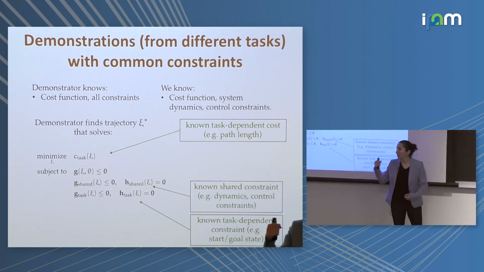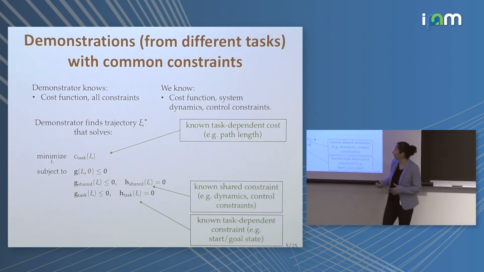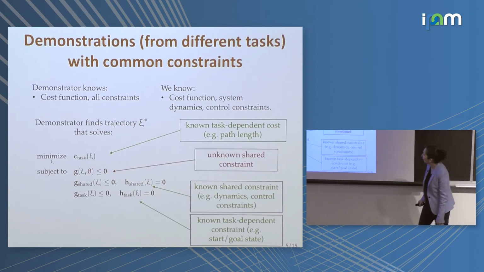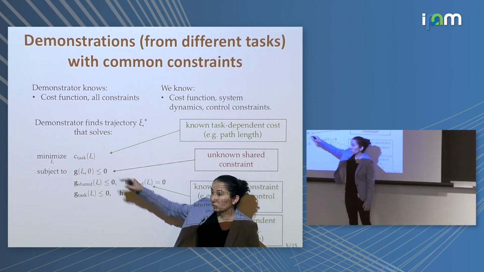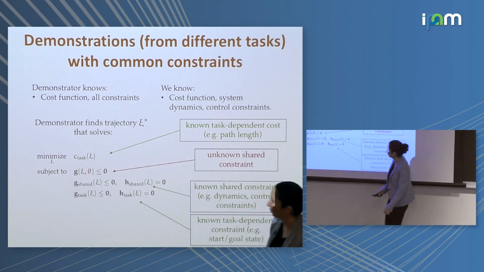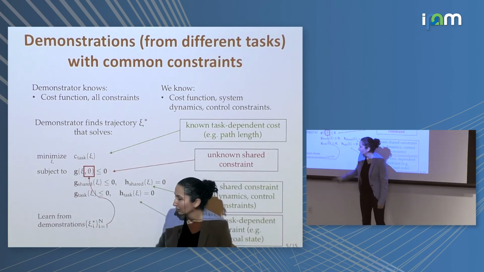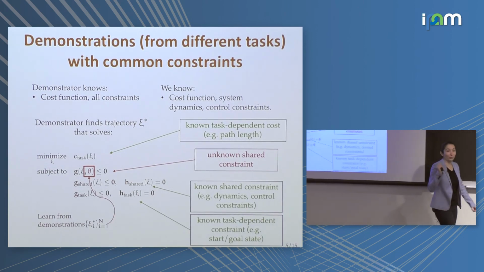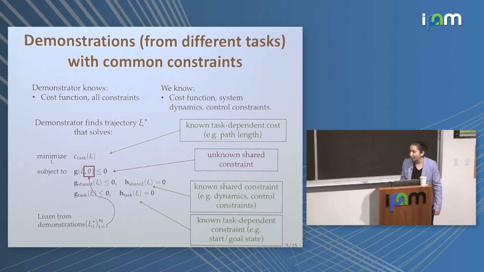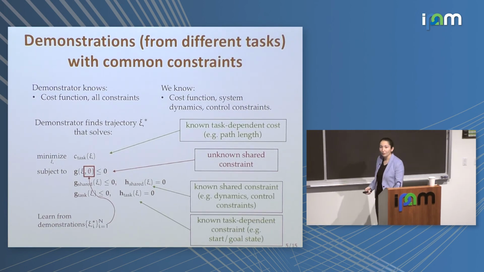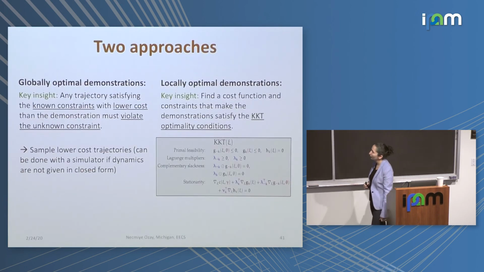So if you have torque limits that you know, they are shared through all tasks, and you know that. And these are the unknown constraints shared across demonstrations. Our goal is to try to learn this from optimal demonstrations. We assume someone solves this problem for possibly different goals and target positions, and we will try to learn that.